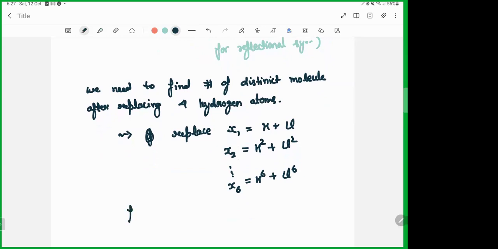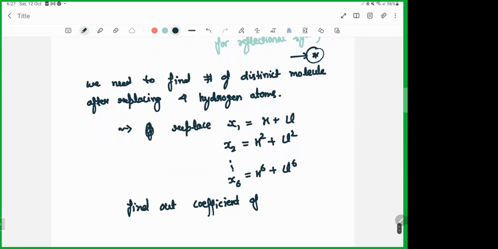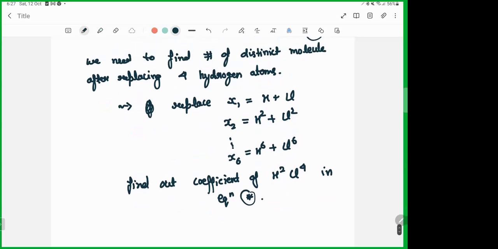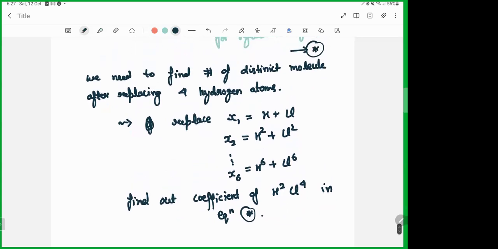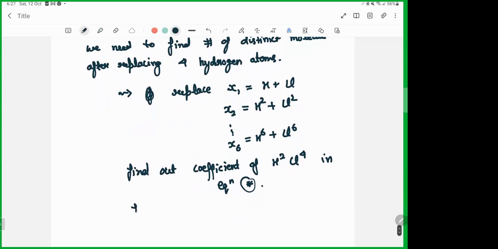The coefficient of H2Cl4 in equation star will give the required number of distinct molecules.